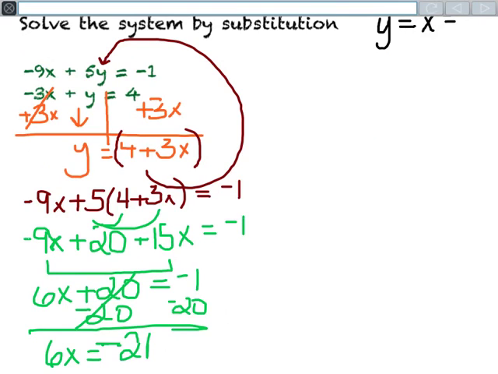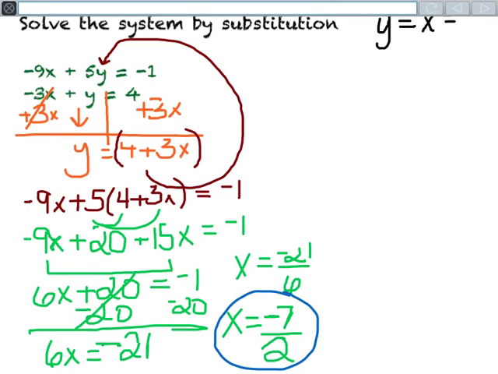Divide both sides by 6, and you get x equals negative 21 over 6, which reduces to x equals, they're both divisible by 3, so negative 7 halves. And we're going to leave it like that, because once we divide it, we estimate it, and we don't want to estimate it. So now I have that answer. There's my answer for x.